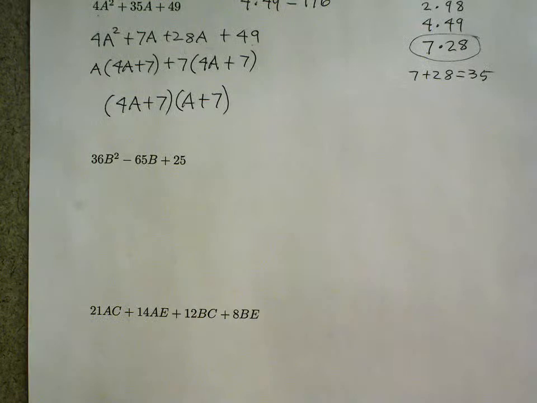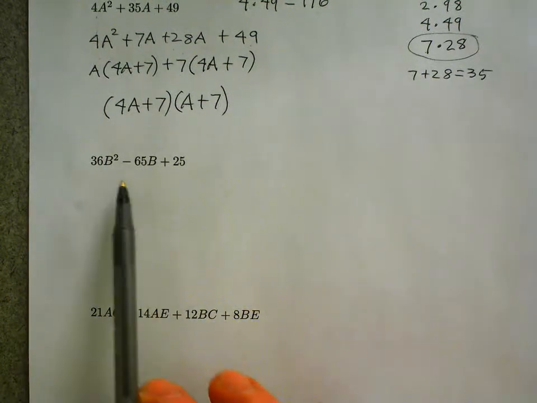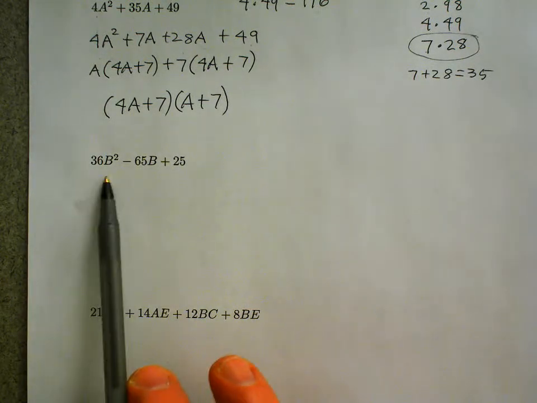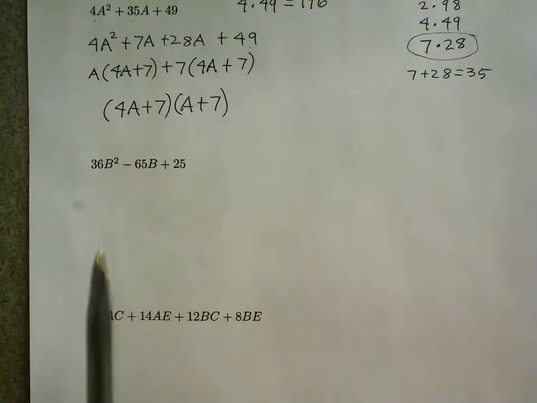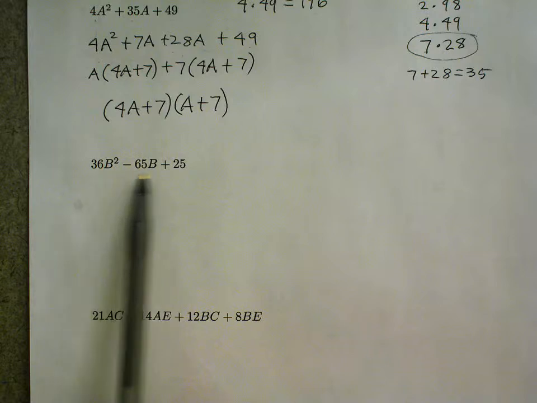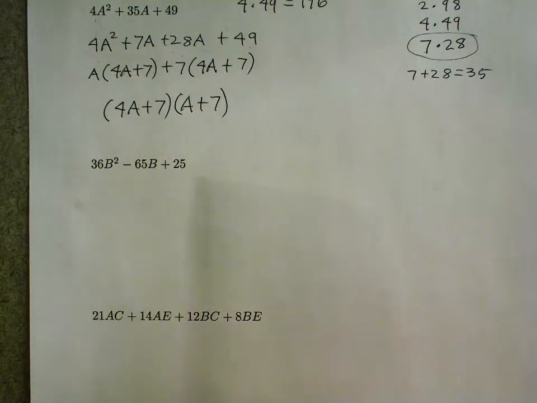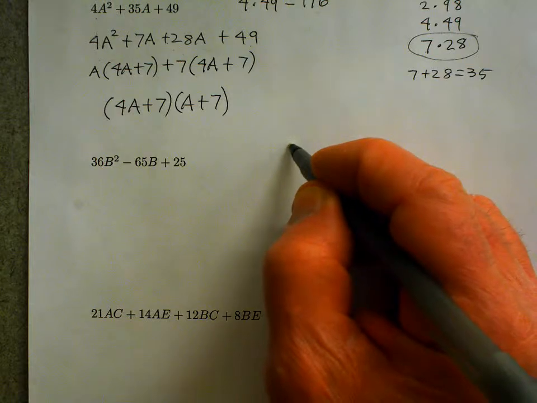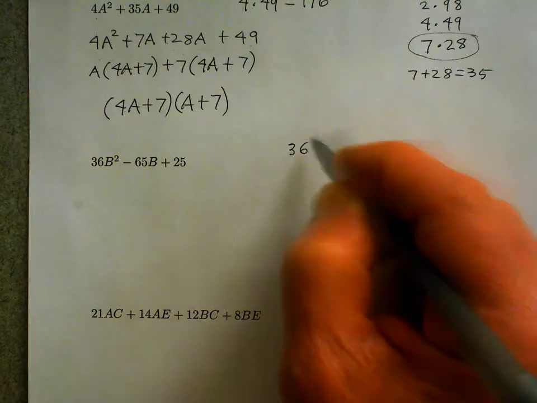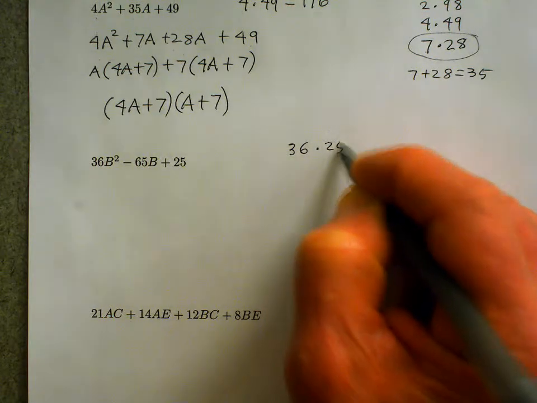Okay, let's try the next one. 36b squared minus 65b plus 25. The greatest common factor is 1. So we'll resort to the AC method. So 36 times 25.